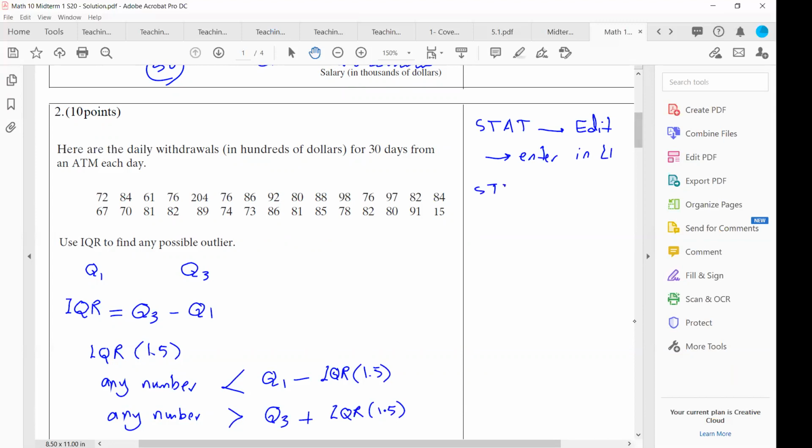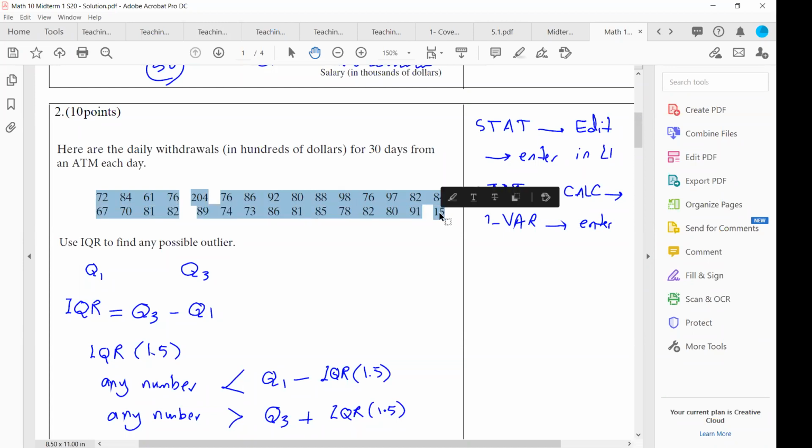Then you go to stat again, you go to calc, one variable, and enter. You can find all the data and information related to those data in your calculator. Okay, let us enter these data. Find quartiles.